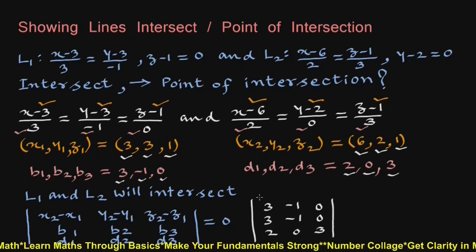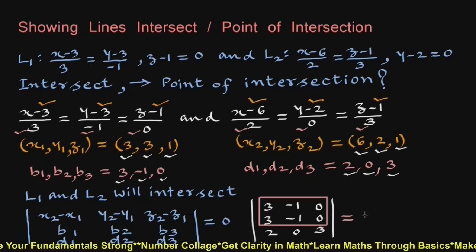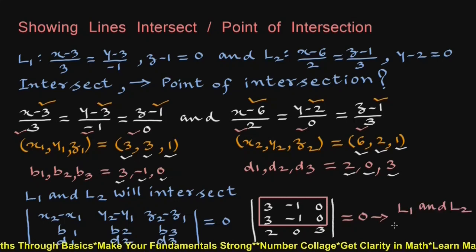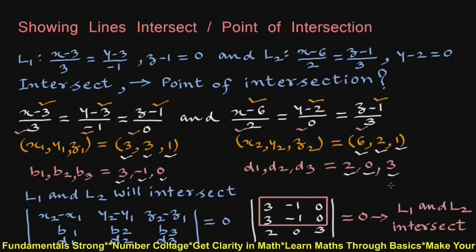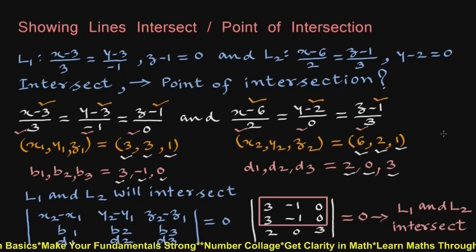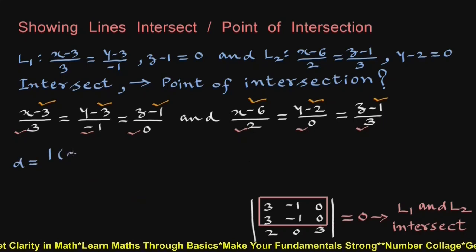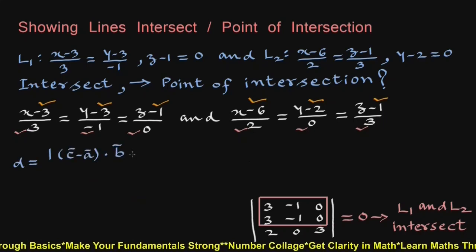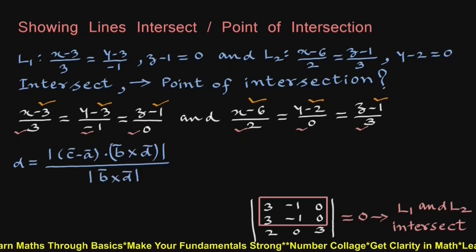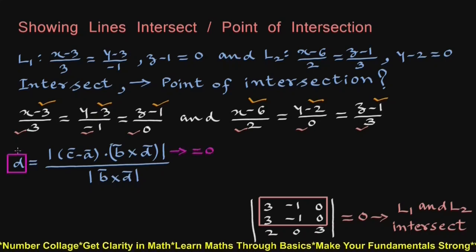We know that when two rows in a determinant are identical, the value of the determinant is 0, which implies L1 and L2 intersect. This can also be shown in another way from the formula of shortest distance between two skew lines, which is D = mod of (c − a) dot (b cross d) upon mod (b cross d). In this formula, if the numerator is 0, the distance D will be 0.